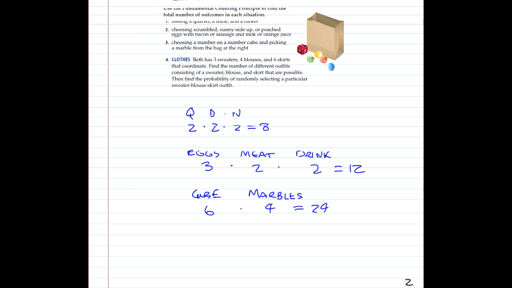Beth has 3 sweaters, 4 blouses, and 6 skirts that coordinate. Find the number of different outfits consisting of a sweater, blouse, and skirt that are possible. Then find the probability of selecting a particular sweater, blouse, skirt outfit. So sweaters is 3.